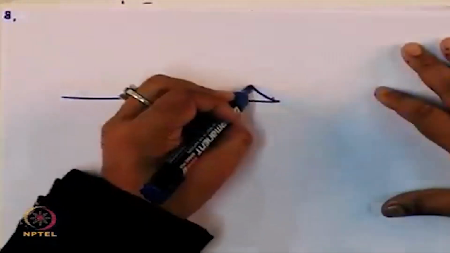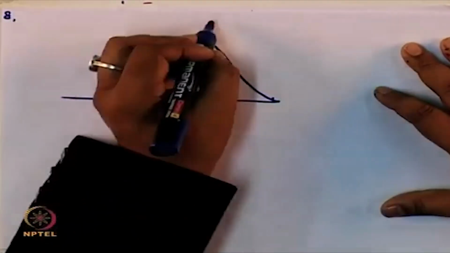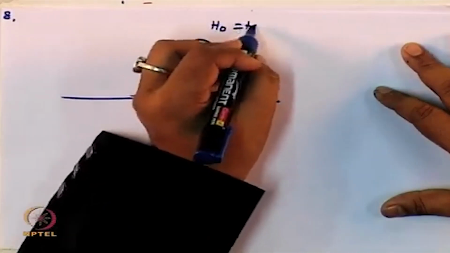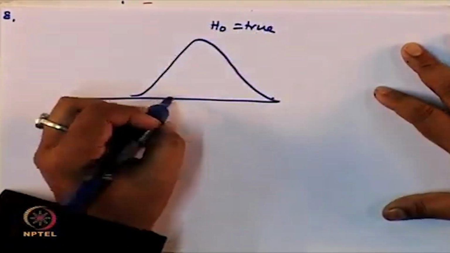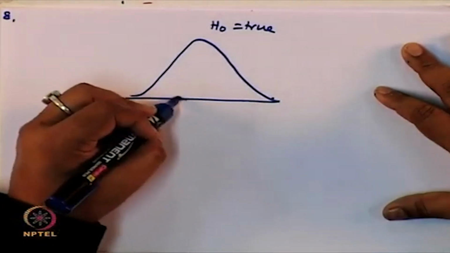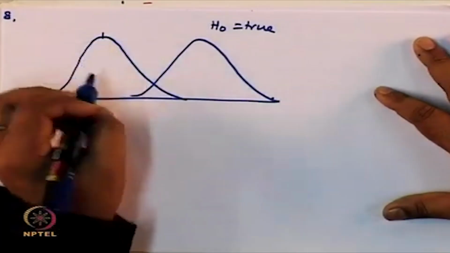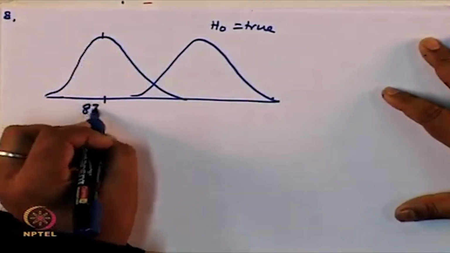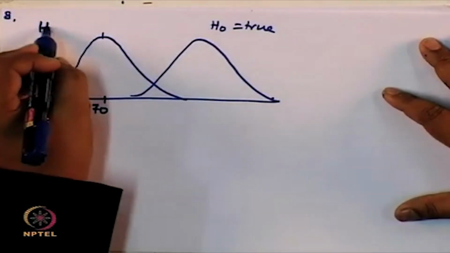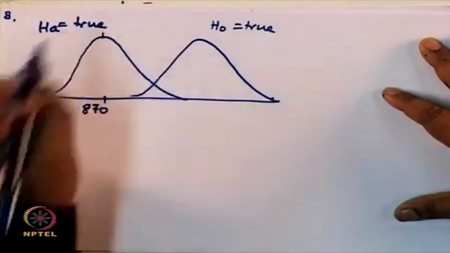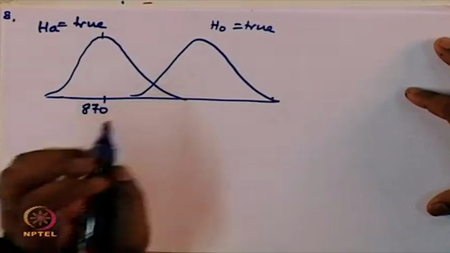So, if I were to draw this curve together, this is H naught equal to true. This is centered around 870. This is H A equal to true, that mu is not equal to mu naught.